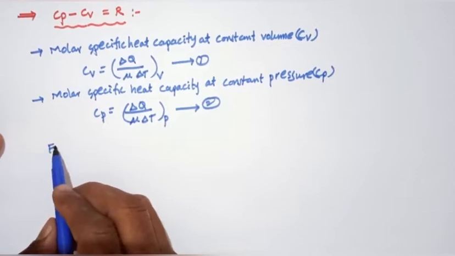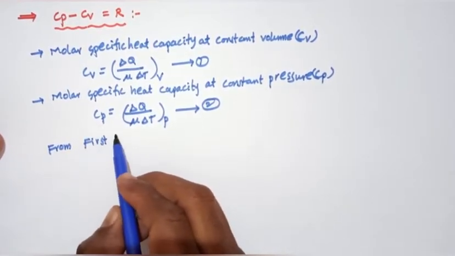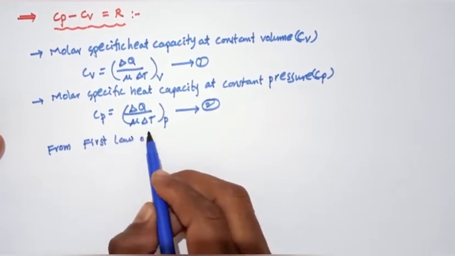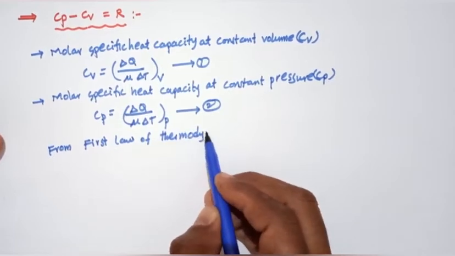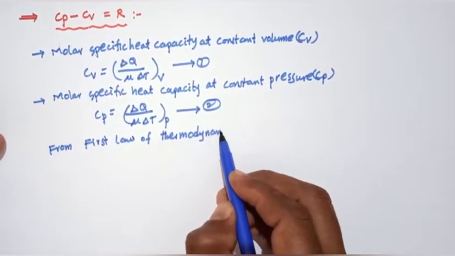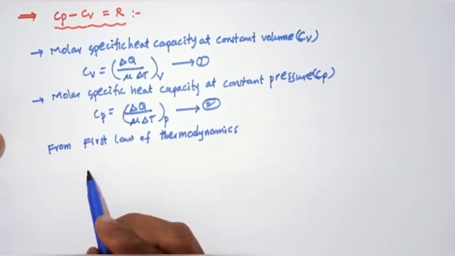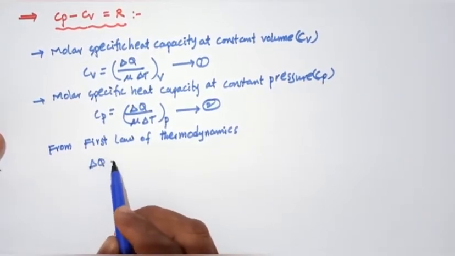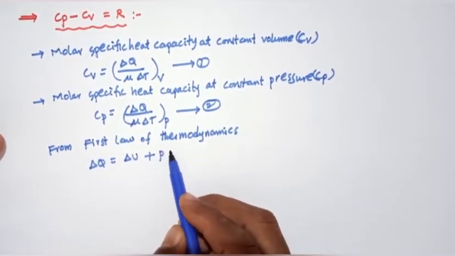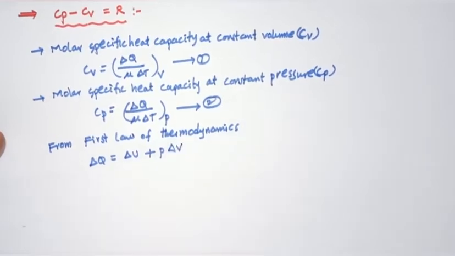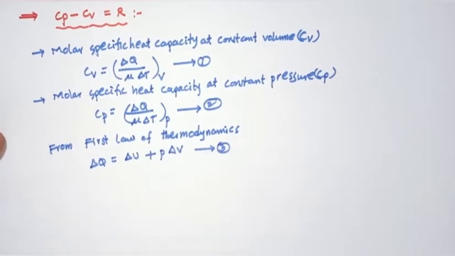From the first law of thermodynamics, the equation is delta Q equals delta U plus P delta V. This is equation number 3.